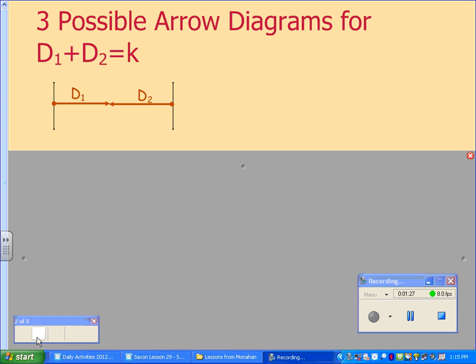All right, so you can have 3 different diagrams for these. You can have 2 people that are meeting each other. Like someone starts in Shreveport and someone starts in Jackson, and they're driving towards Monroe. Does that make sense?